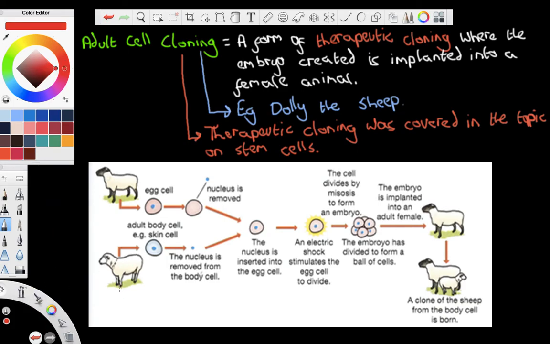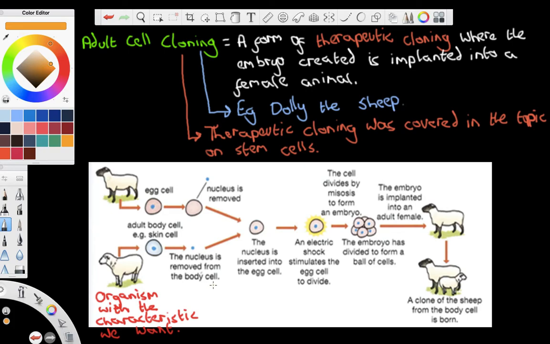So for example, it might be a sheep that produces lots of fur, or lots of wool even. From the organism we want, we remove just a normal body cell, such as a skin cell. We remove the nucleus from the body cell and throw away the rest of the cell. The reason we want the nucleus is because that contains the genetic material of the trait we want.